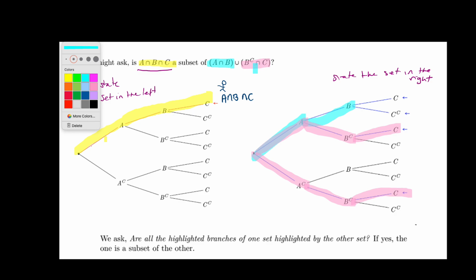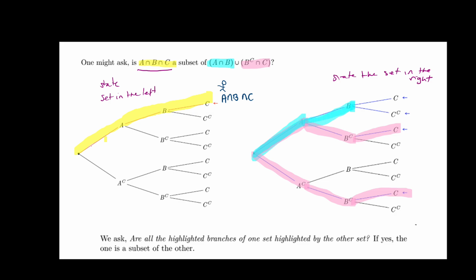So if there's a union, I will have to highlight more than one path, right? Because it's one or the other. Okay. So let's have the blue path first. The blue path first means that I'm taking A inter B. Okay? So let's go with the blue thing and highlight A and then B.